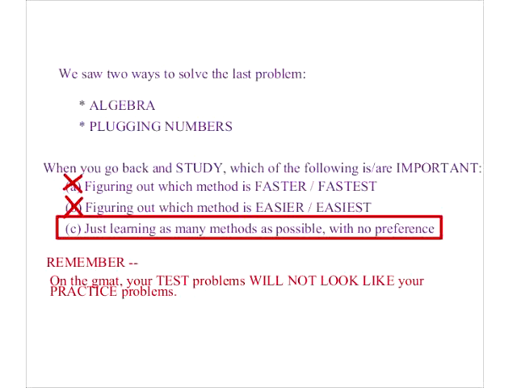I mean, they'll test the same general underlying concepts, but this is not like school where you do a homework problem and then it looks exactly the same as the problem that you get on the test. Because if that's the situation, then yes, if something is the fastest way, then it'll still be the fastest way. But the consequence of this fact about the GMAT is that fastest and easiest are not meaningful concepts anymore.